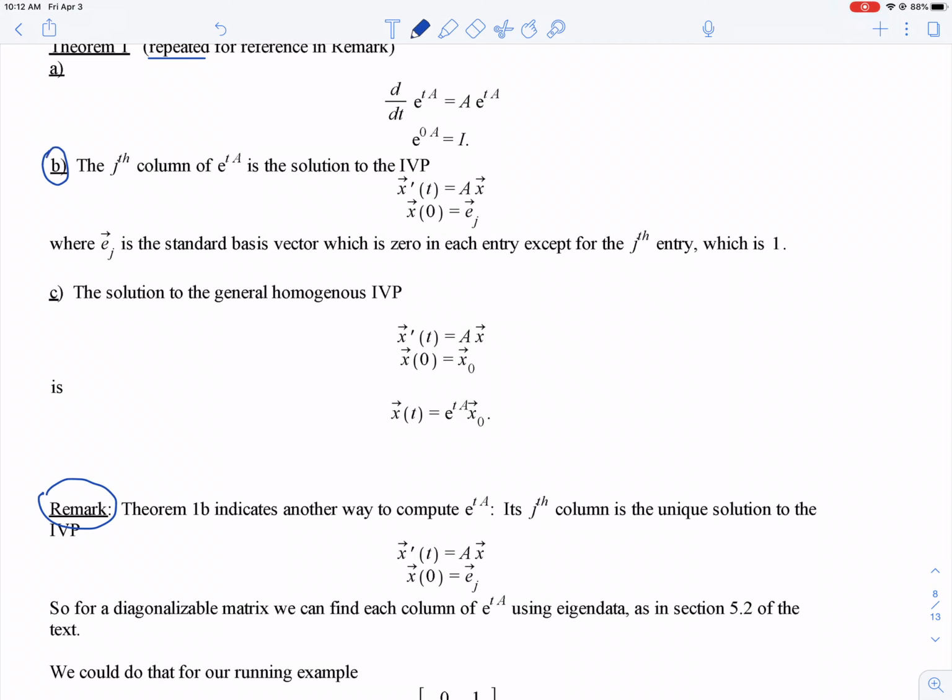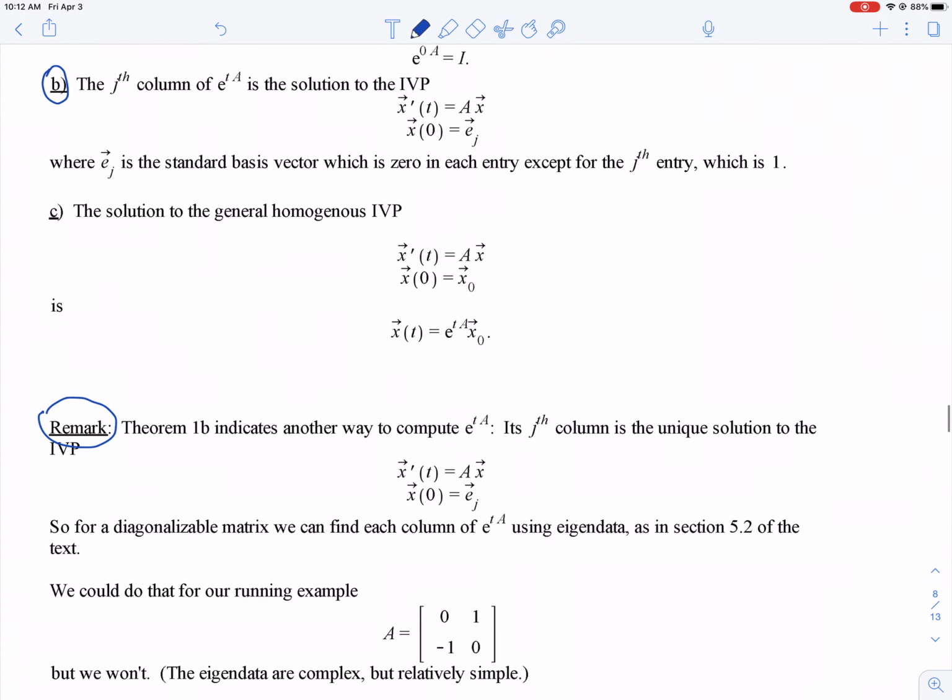another way to compute it would be to use Chapter 5. I'm trying to remember which section it was. I think it was 5.2, where we talked about the e to the lambda t v methods for solving first-order systems.